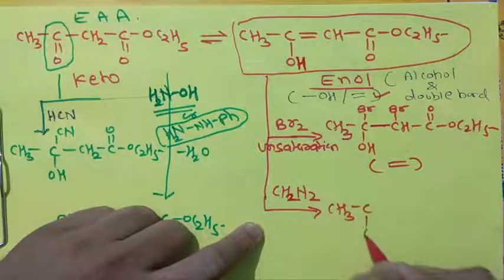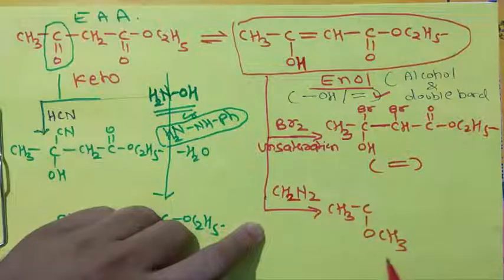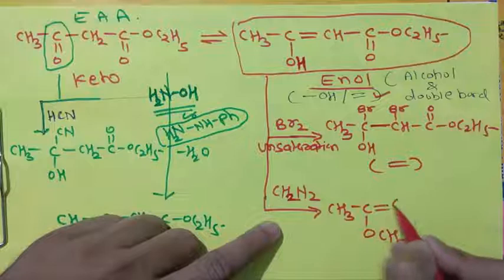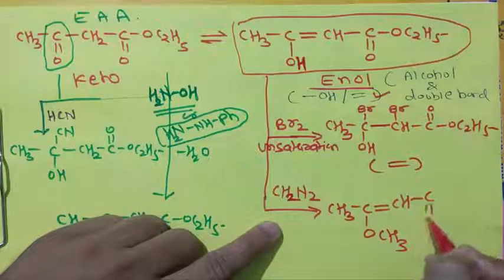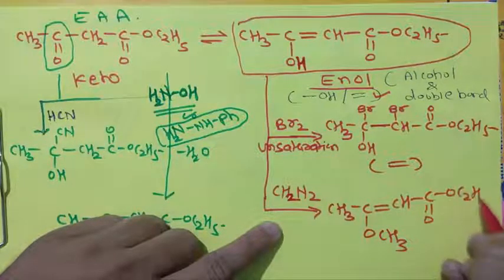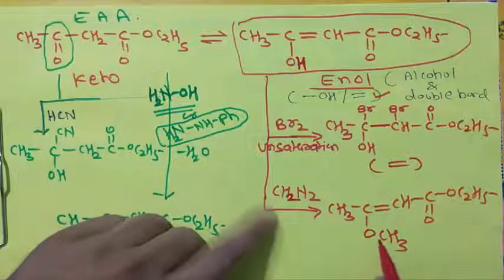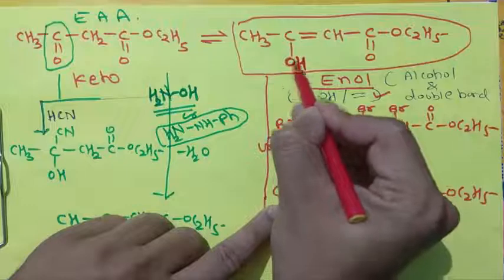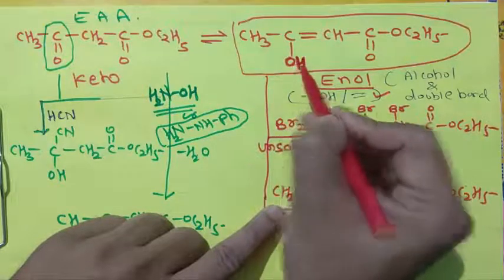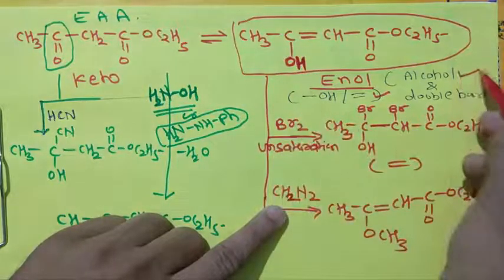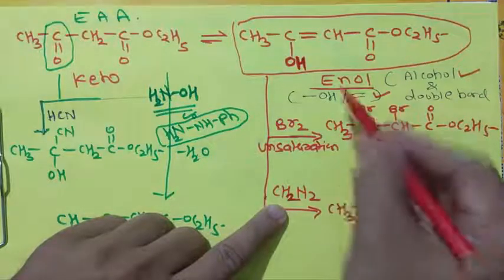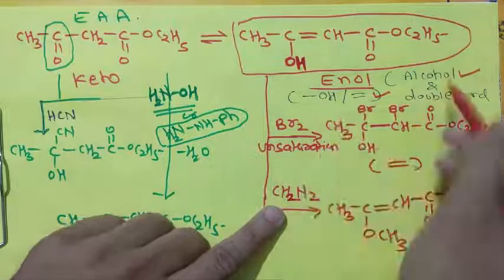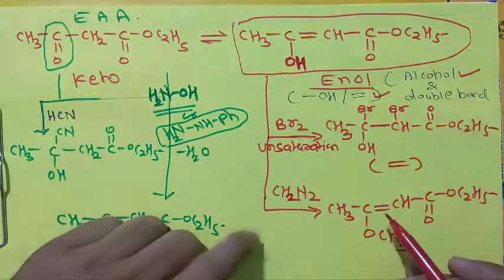CH3, C, O, CH3, O, CH3. Again the rest remains as it is: double bond CH, C double bond O, C2H5. This means this CH2 group reacts with the hydrogen of the OH, which indicates that the alcoholic group, the OH group, is present in the enol form.